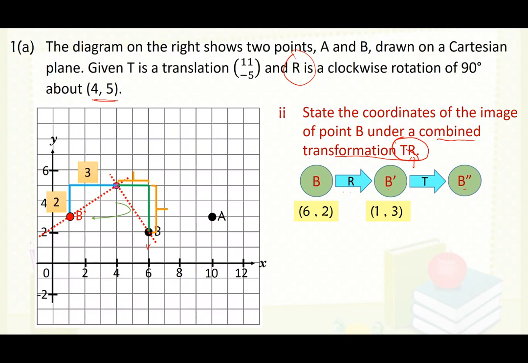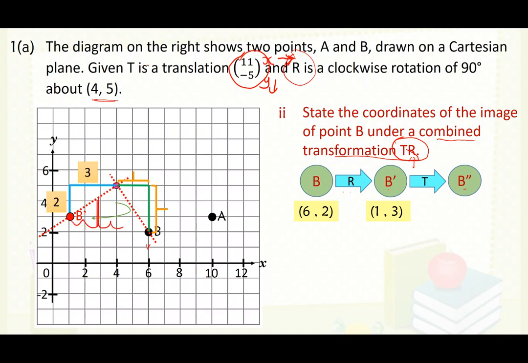Now I want to go to B prime prime under the translation T, which is 11 and negative 5. So 11 is our x, 11 是 x, negative 5 是 y. X is positive, so go to our right hand side. Y is negative, so going down. So now I count 11 times, 我算11次.